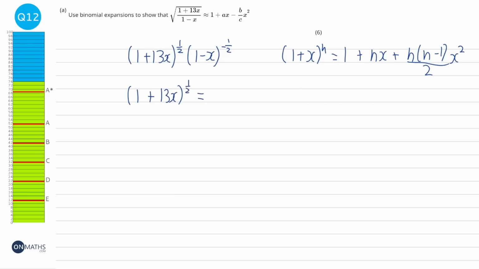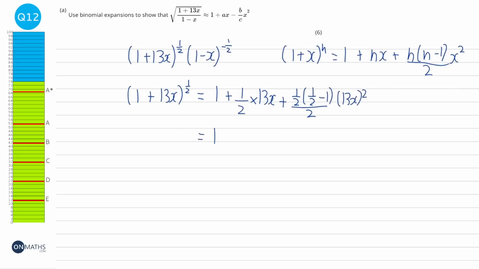And n is a half, so it'd be 1 plus, and this time it would be half times x, which is 13x, plus a half times a half minus 1 over 2, and then again 13x squared.